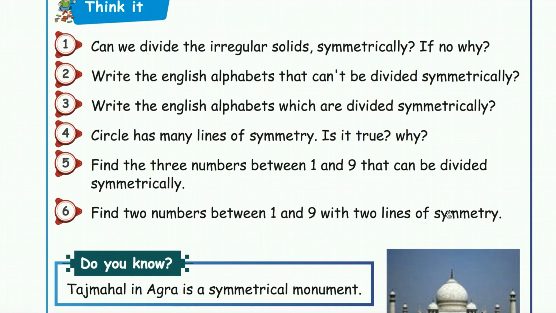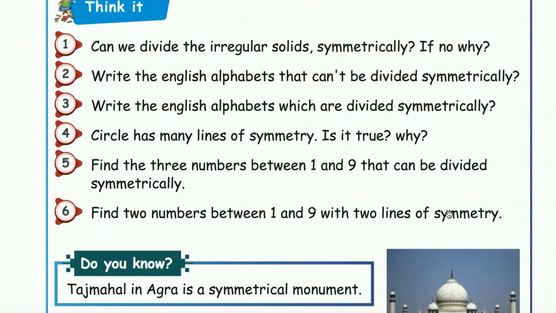So that is the reason why it has many lines of symmetry. Whatever line you take which crosses the center, from one point on the perimeter to the other point, that will be nothing but a diameter. So that becomes the axis of symmetry. So you can draw as many diameters as possible in a circle. That's why it has multiple lines of symmetry. I gave a long answer to a short question, right?